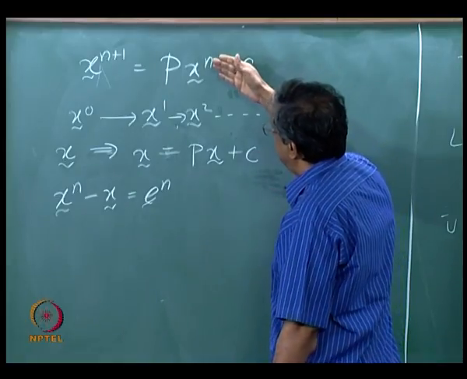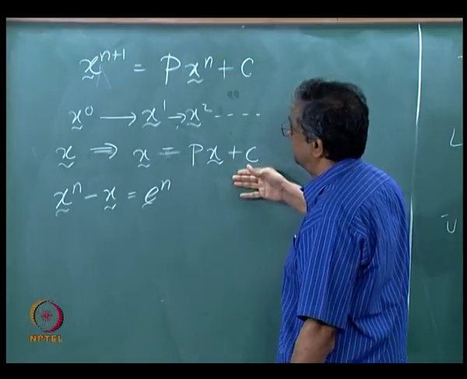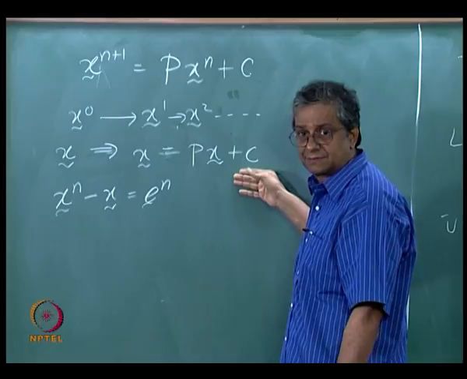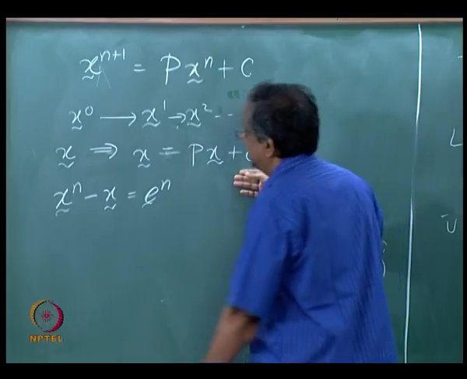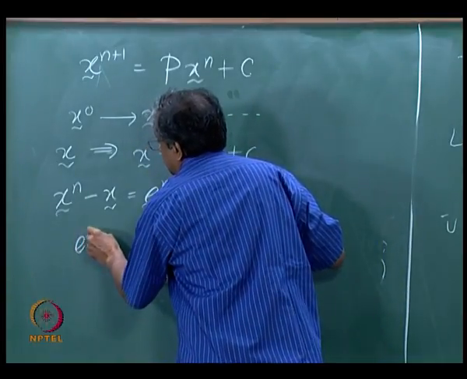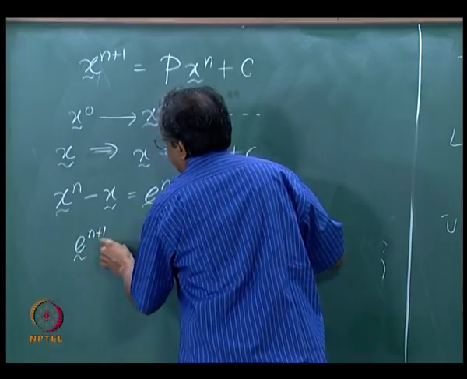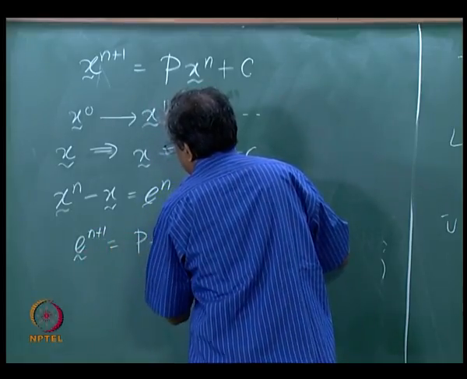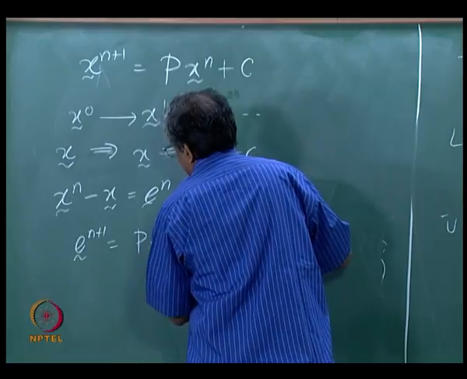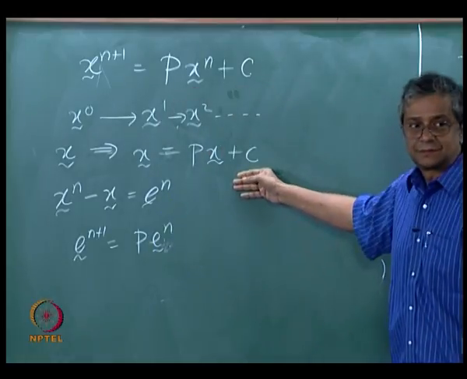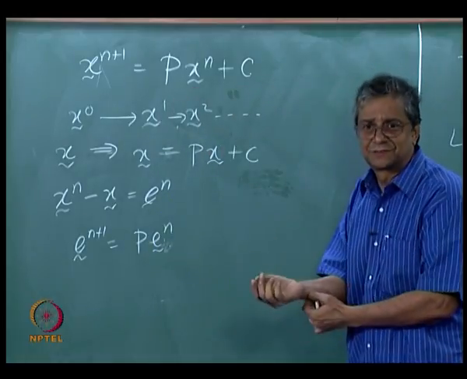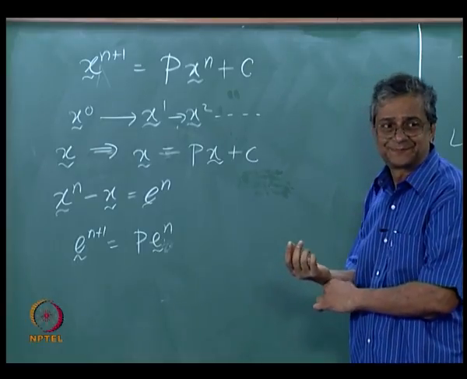So if I subtract this equation, both of them are linear, fortunately I am using that fact, then I get the iteration equation En plus 1 equals P times En. By converting to En, what I have achieved, what is the difference? The C is gone.